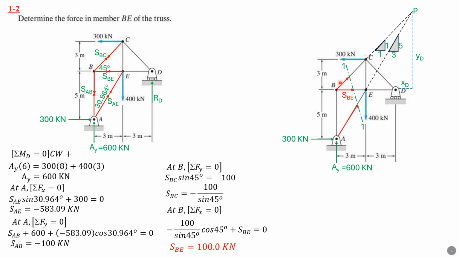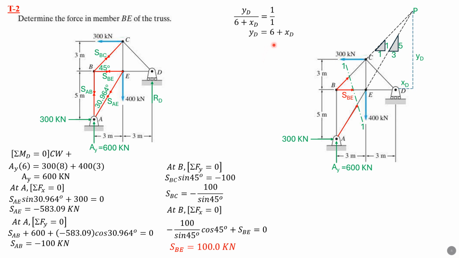So considering this part first with slope 1:1, from the figure, YD over 3 plus 3 plus XD, which is 6 plus XD, equals 1:1. So setting up the first equation, YD equals 6 plus XD.